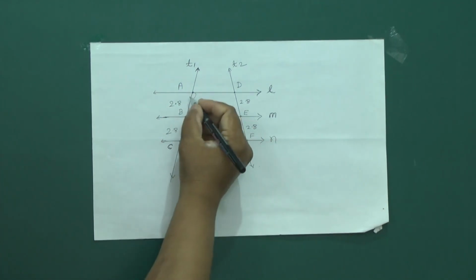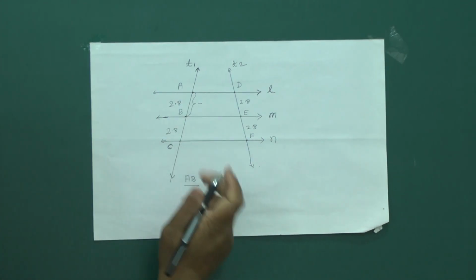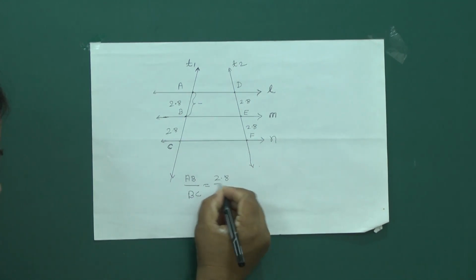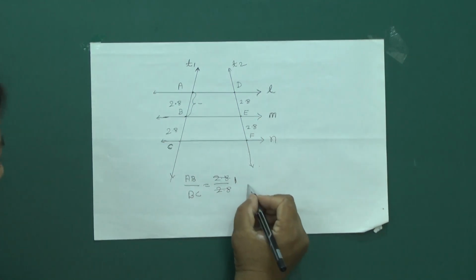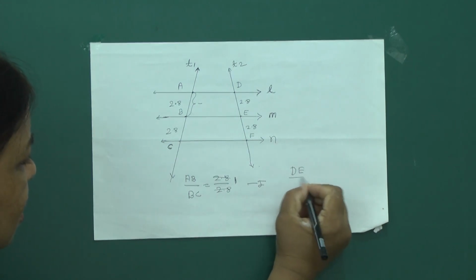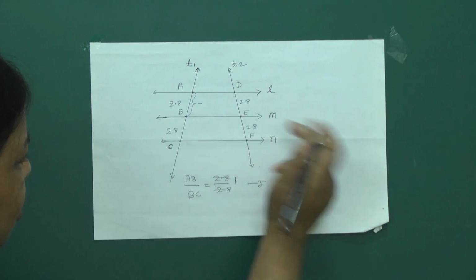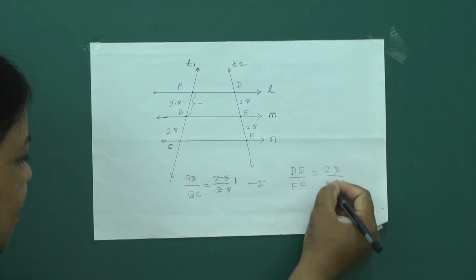So what we are getting, if I write AB upon BC, which is 2.8 upon 2.8, if I cut it, I'll get 1. This is my first statement. DE upon EF, this is 2.8 and this is also 2.8. If I cut, I get 1.